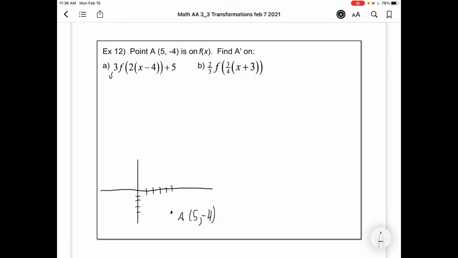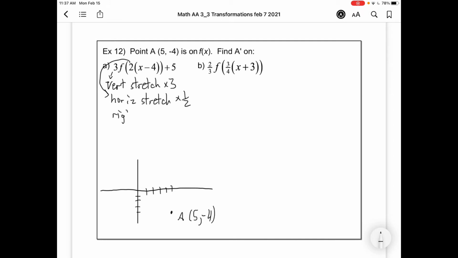In this one we have vertical stretch. I'm going to be lazy in terms of how I write them. So I'll say vertical stretch x3. That 2 in front of the x, that's going to give us horizontal stretch by a factor of a half by the reciprocal.